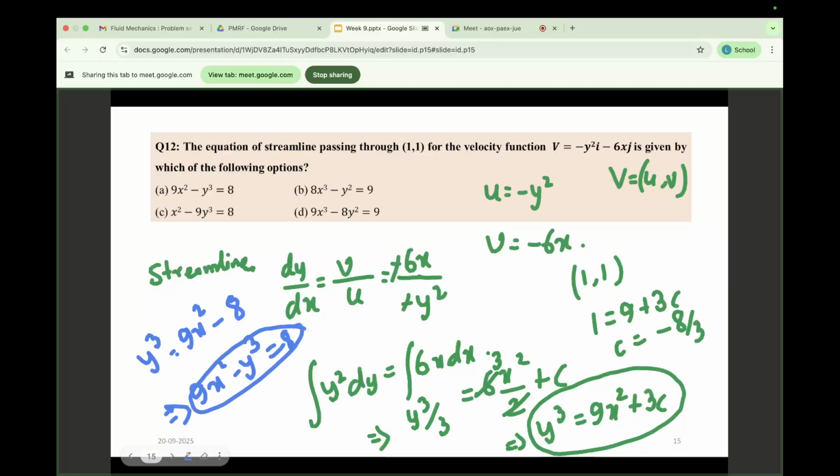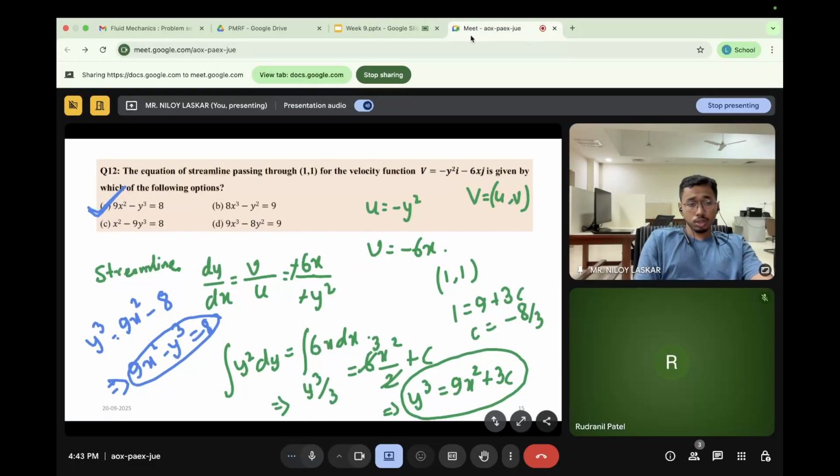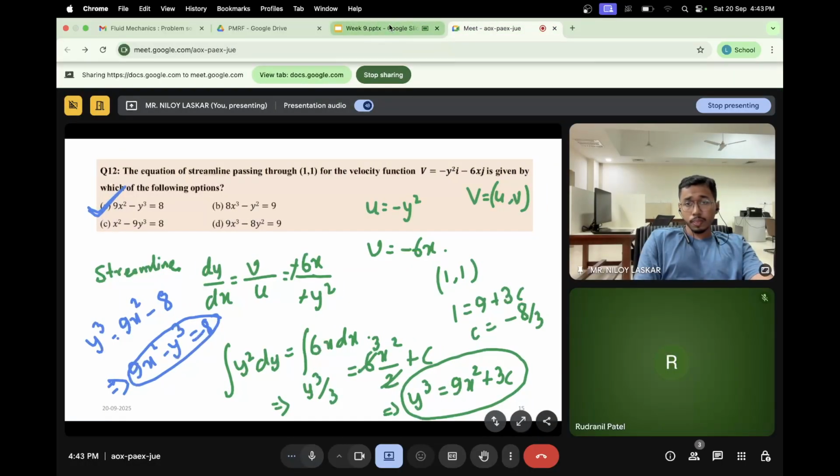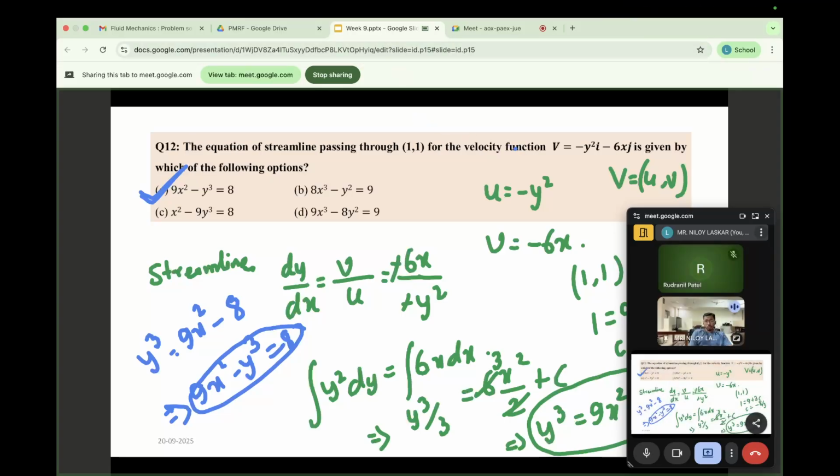So this will be our correct option. Option A will be our correct option. This question is quite important. You can expect certain types of question like this to come. So please go through this question properly. I hope that you understand this question. Okay. So now I am moving to the next question.